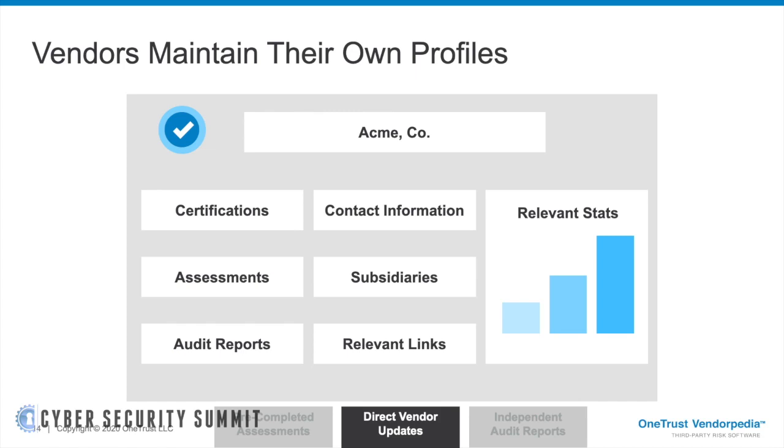If you're not using an exchange, you need to then go on to vendors' websites and see if they have a trust profile on their own. Go on Google. You can see many organizations will actually put their data processing agreements publicly available online so that you can do the due diligence yourself. But when you consider the number of vendors in your inventory, this may not be feasible from a scale position.